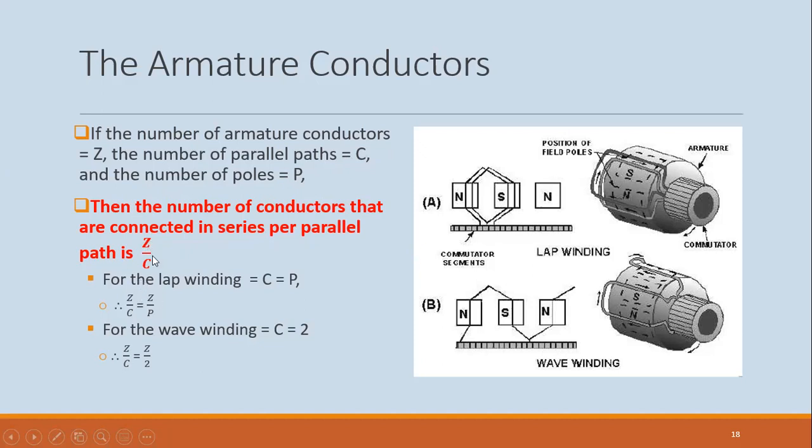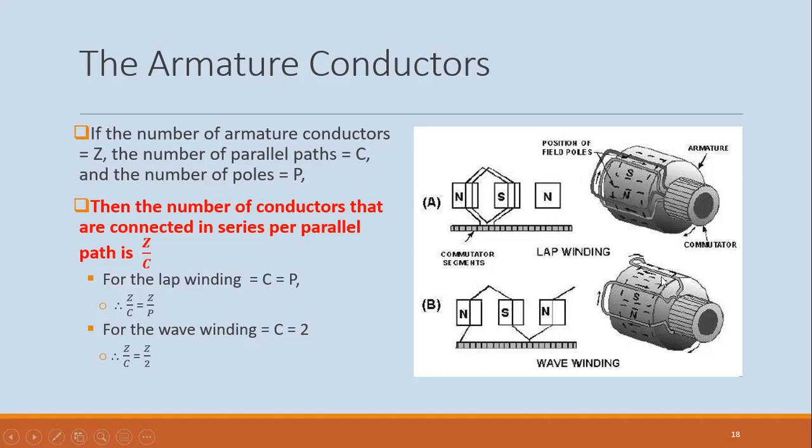So as we said, the conductors in the armature are connected in a series parallel manner. So the number of conductors connected in series in one parallel path would be Z over C. Now for the lap wound, C is equal to the number of poles, so Z over C would be equal to Z over P. And for the wave wound, C, the number of parallel paths, would be equal to 2.